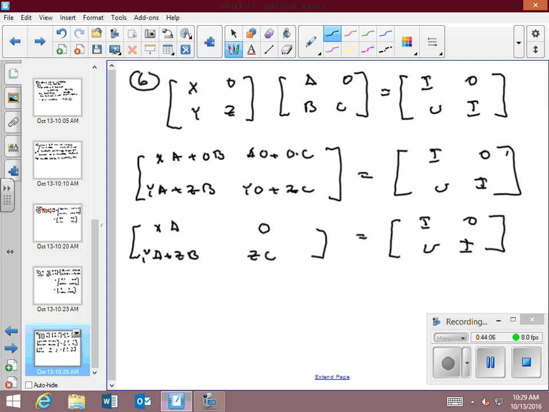Okay, so then we have XA equals I. That's putting these two together. And this is theorem 8J is met.